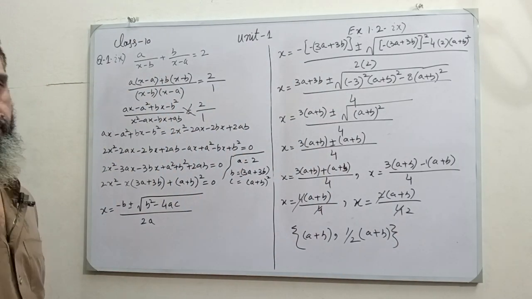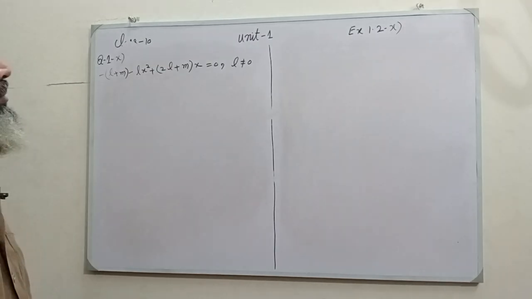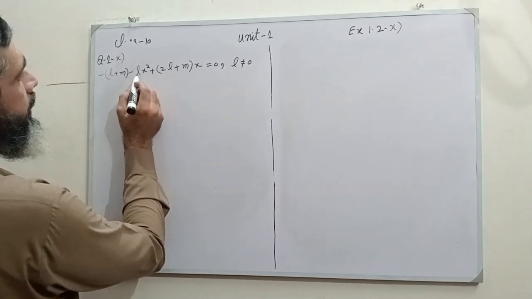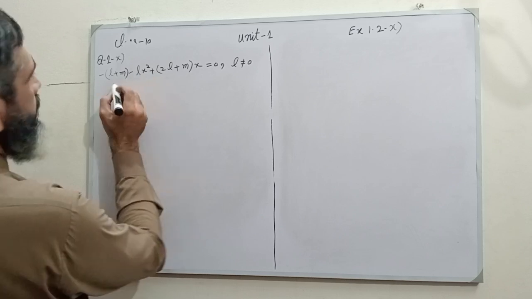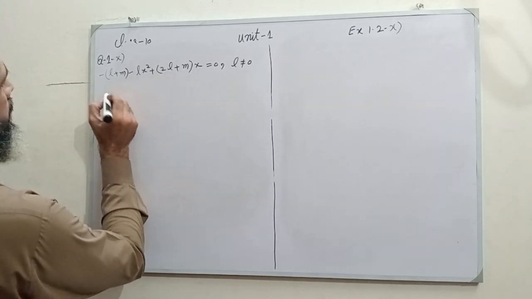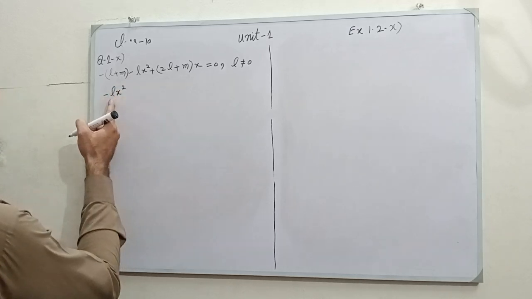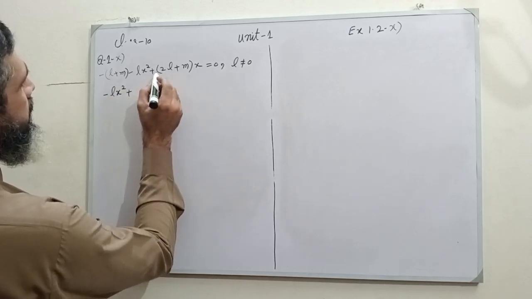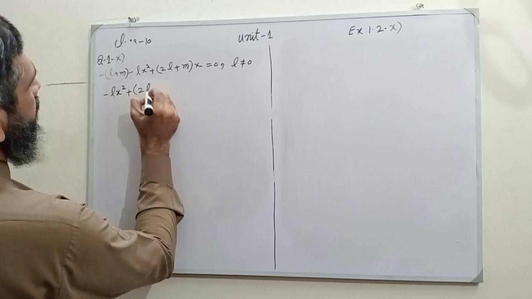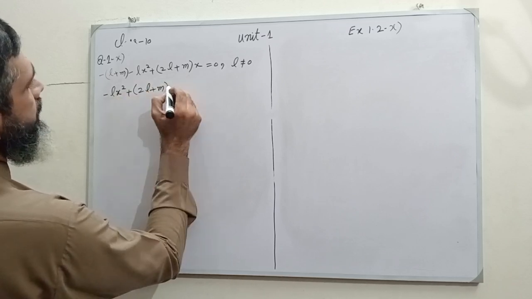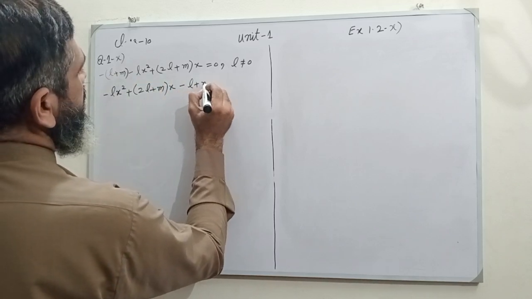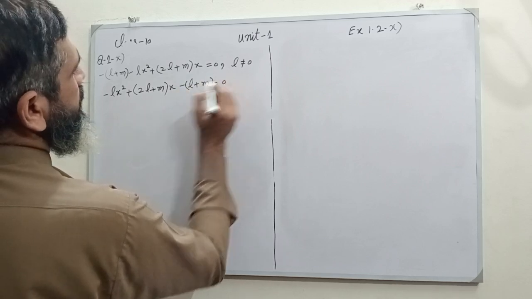Now we'll move towards the last part of question number 1, exercise 1.2. Let's have a start. Here we will rearrange it as minus Lx square, meaning Ax square plus Bx, where Bx is 2L plus M x, and here minus L plus M is the C, equal to 0.